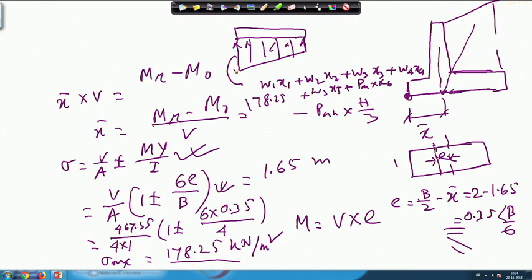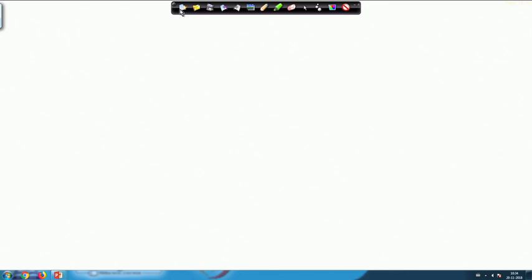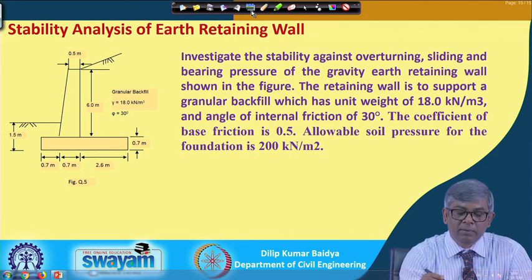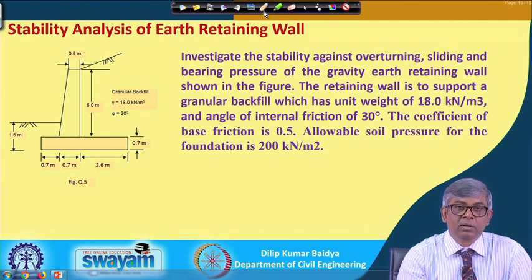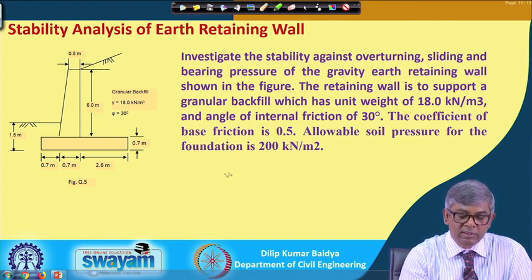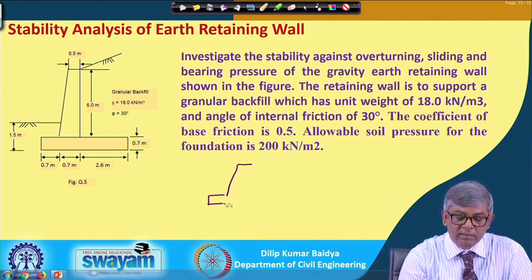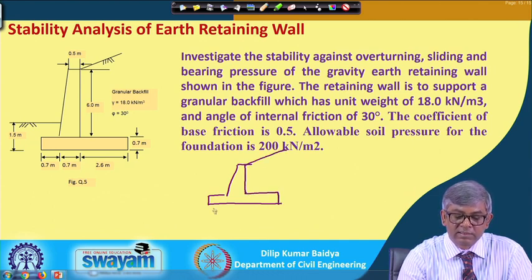So, these are the problems. All three problems are done, and this problem is done now. As I mentioned, you may expect a little simpler problem in the exam. What is simpler? Suppose this is the wall, and this inclination is there.